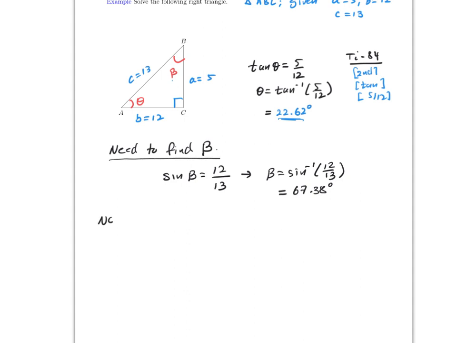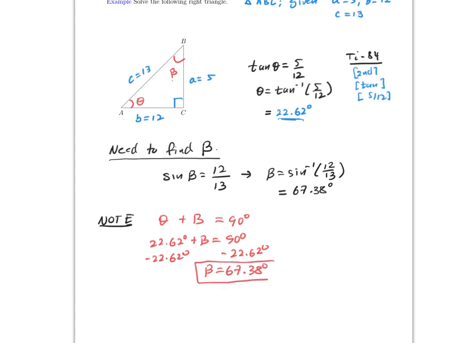All right, so note, I just told you this right now. Theta plus beta has to be equal to 90 degrees. So the other way you could solve the problem, once you find this, well, just plug it in here, and you know that 22.62 plus beta has to be 90 degrees. So if you solve for beta, then beta will be equal to 67.38.